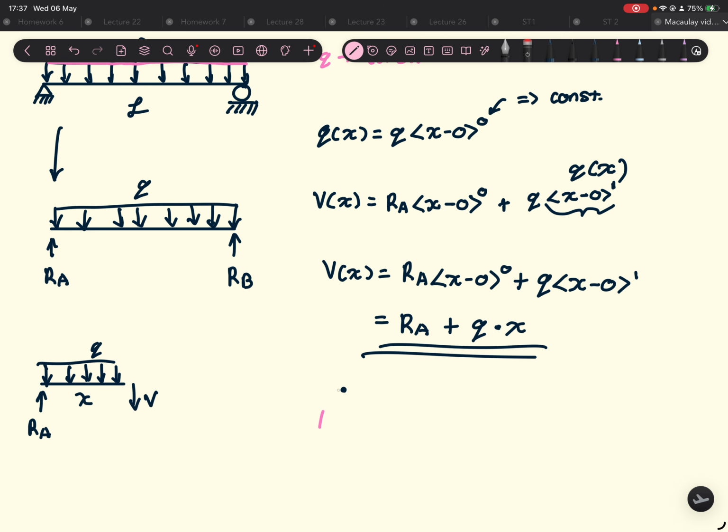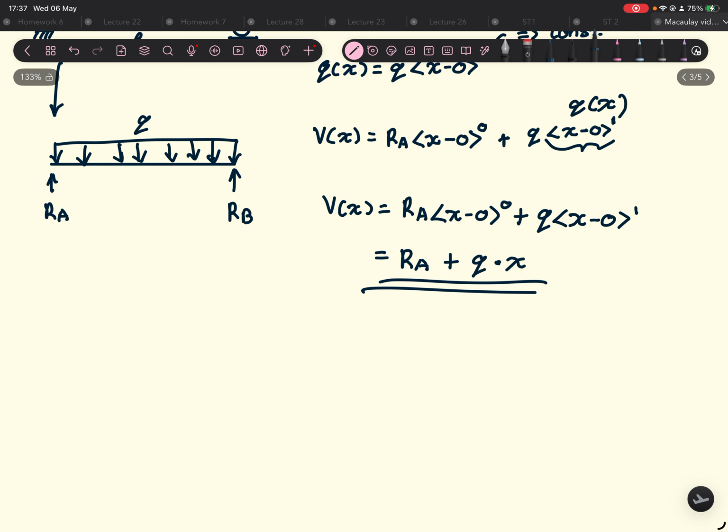And then to get the bending moment, you can again go to the formula sheet. There are examples on how to get the bending moment when you have a uniform distributed load, there's a Macaulay equation for the bending moment. But essentially we're going to get M of x will be equal to RA x minus 0 to the power 1 now.